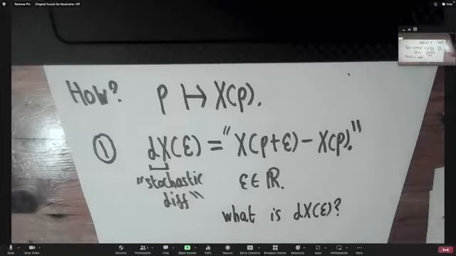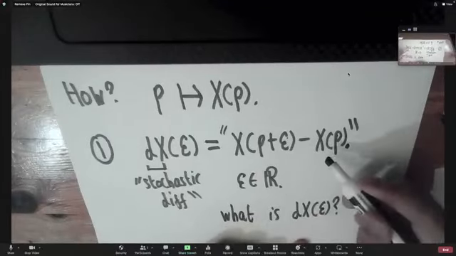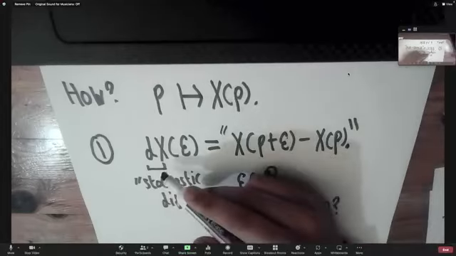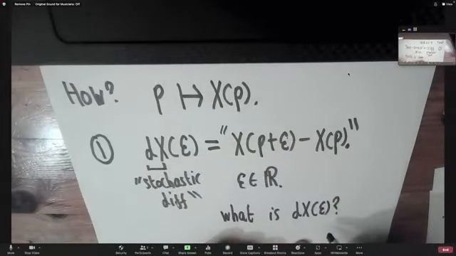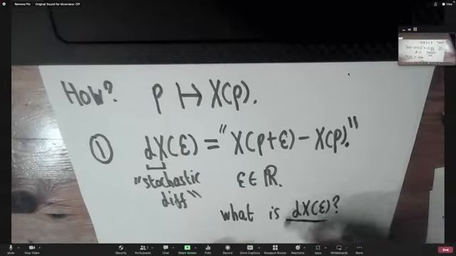Generally, if you subtract two random variables, what you get is another random variable. However, I'd argue that I haven't fully specified to you what dx of epsilon is. You're right that it should be a random variable, but it could be a whole lot of random variables depending on something I haven't told you. Does anyone see why? Is it totally unambiguous?